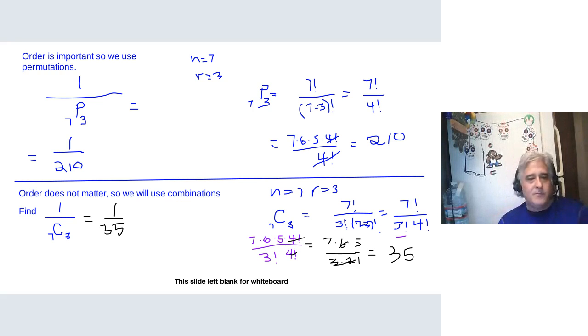Like I said, sometimes they won't come out and use the word order, but they'll give you a scenario where order is what has to be used, because that's the only way you could get people into 3, like you're going to give them a gold, silver, and a bronze medal. Those are not equal. They're ordered.